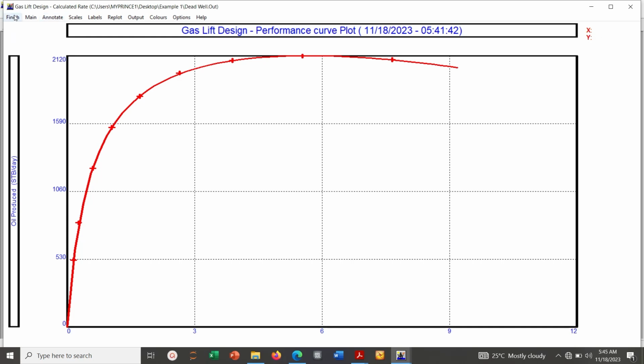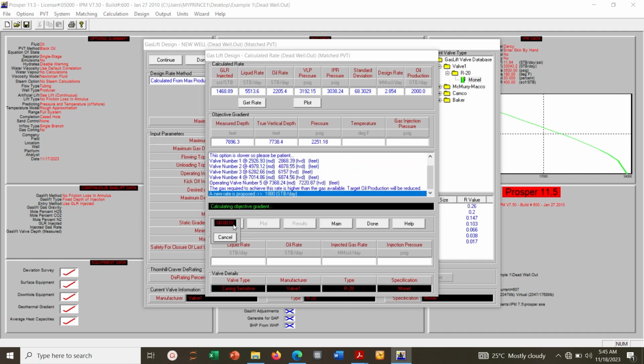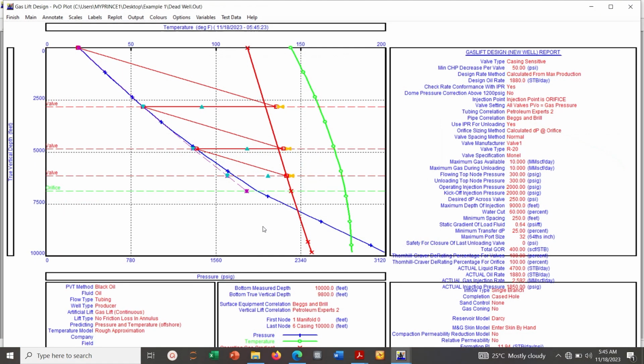So let's quickly check whether there is any improvement in production. The next step is to design the injection point. Let's plot and see the injection point. Here we have four valves.